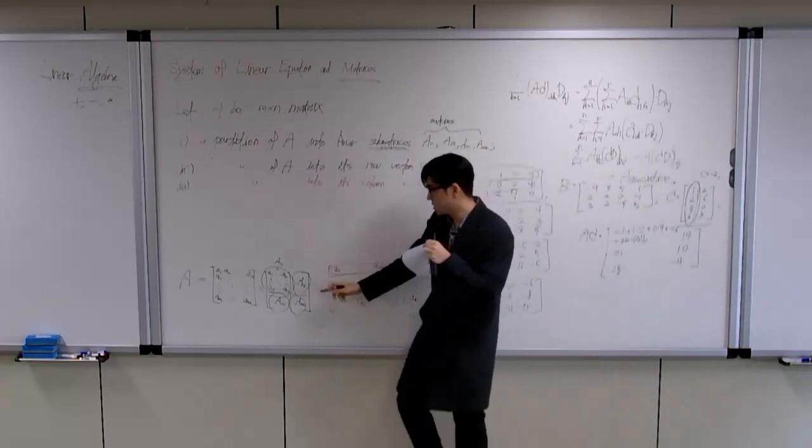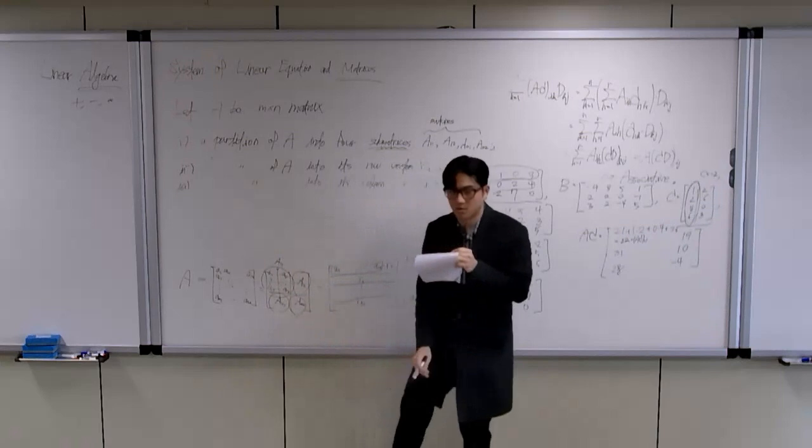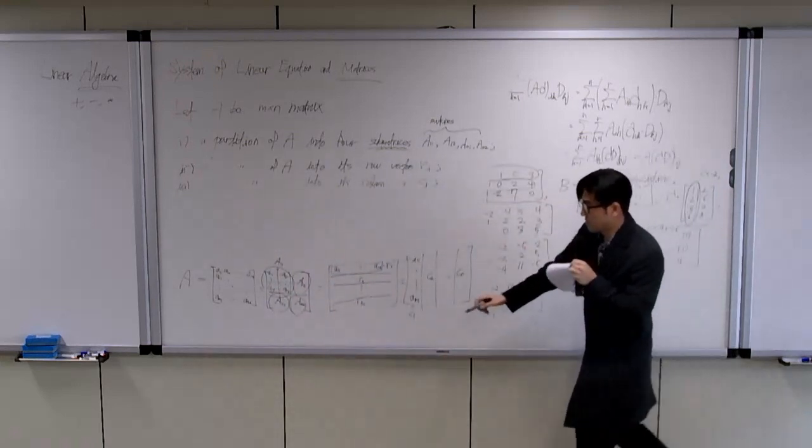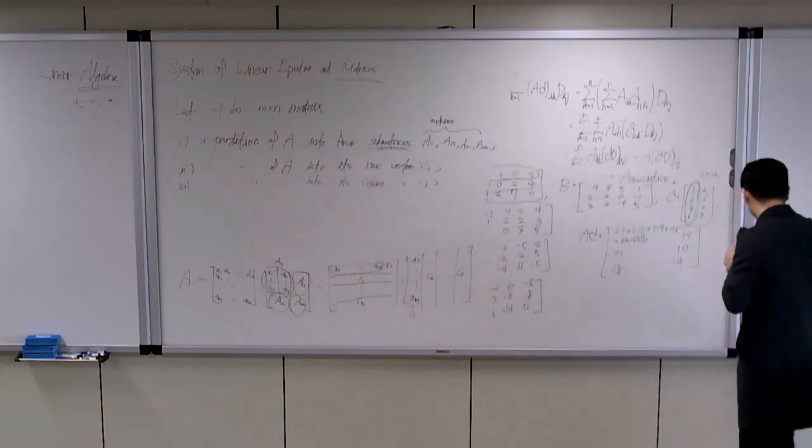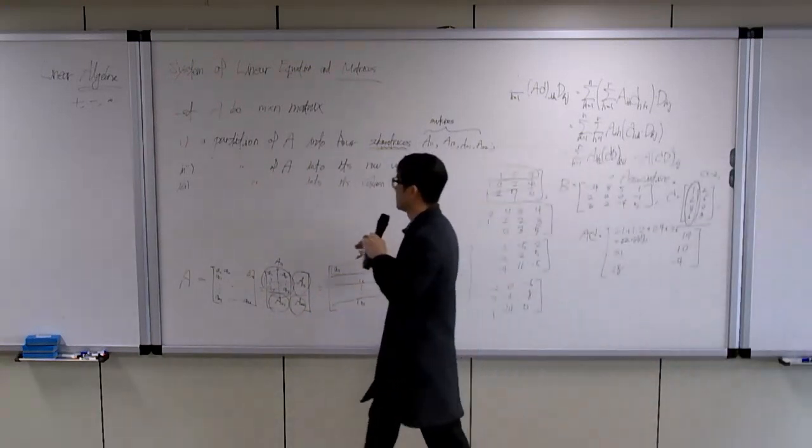And from this, you might divide more, because it is also a matrix. And so we have all 3 kinds of submatrices.